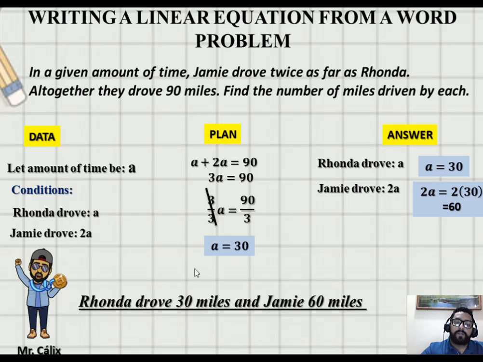And finally, Rhonda drove 30 miles and Jamie 60 miles. If you add 30 plus 60, it gives us 90. Remember, the important thing in these problems is to identify what the conditions are and what our variables are and how we are going to connect these two conditions.